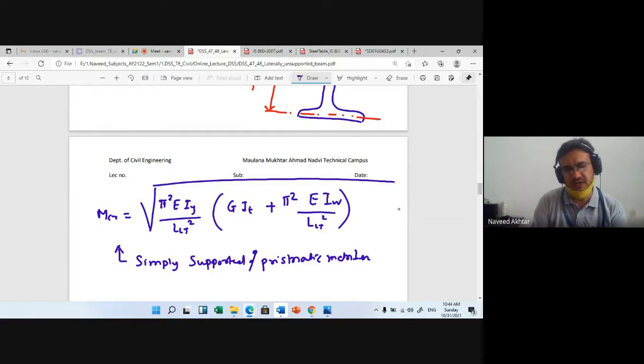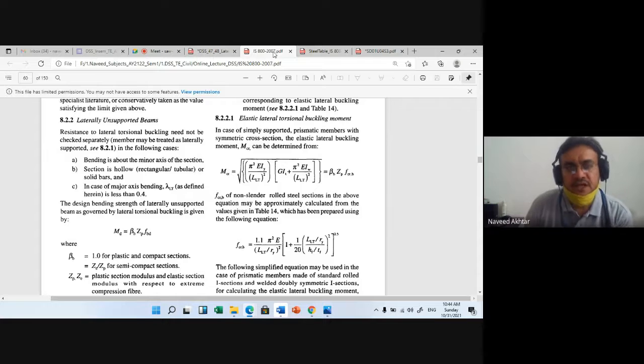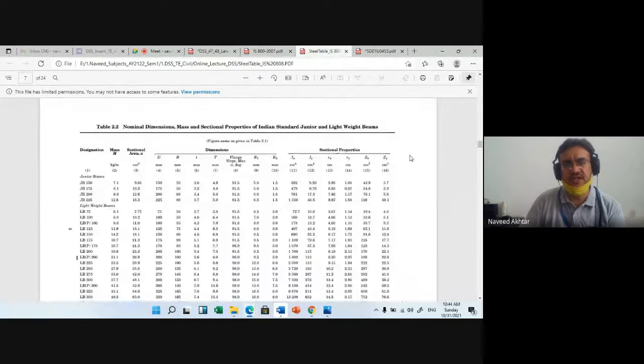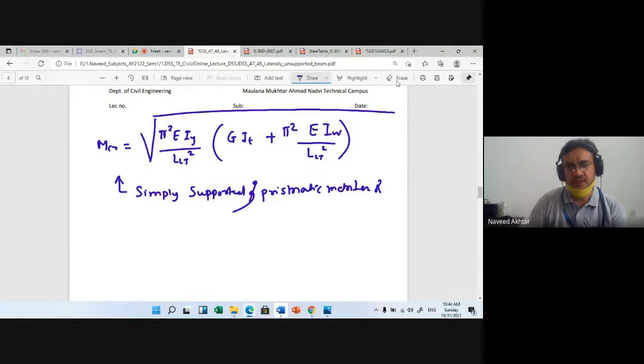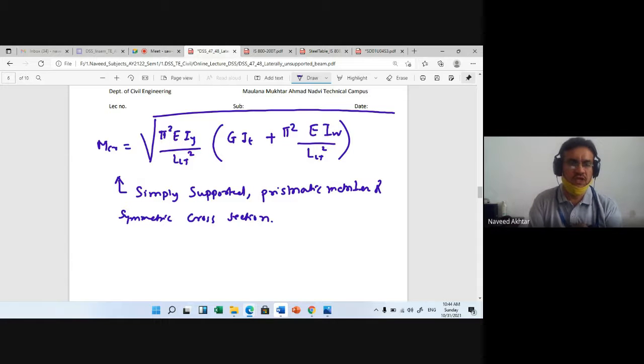And sorry, I will write a comma here. What is the other condition? Symmetric cross section. Okay.